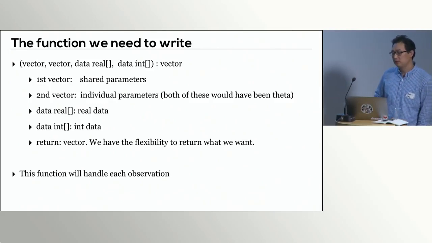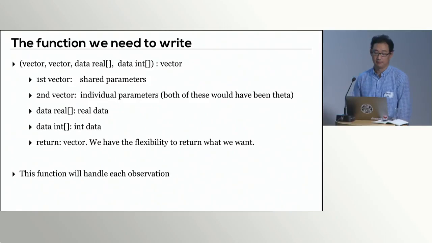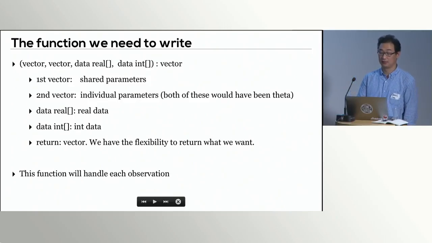So the function that we need to write for the observational unit has this function signature, and just like the ODE function, it has to match this. There's no other option. The first is a vector, and that's going to be shared parameters across all the computation. We'll walk through that a little bit. Second vector is the individual parameters.